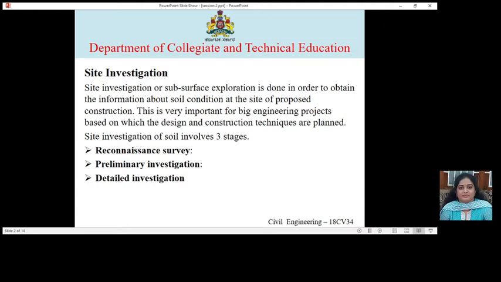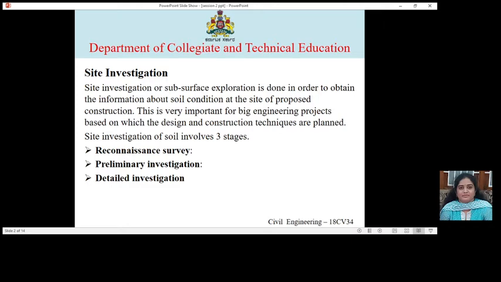Based on this, the type of foundation is decided. Based on this, the type of structure is also sometimes decided, planned or altered, because the capacity or SBC, the safe bearing capacity of the soil, is most important.